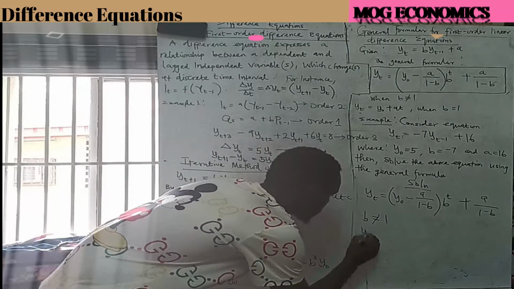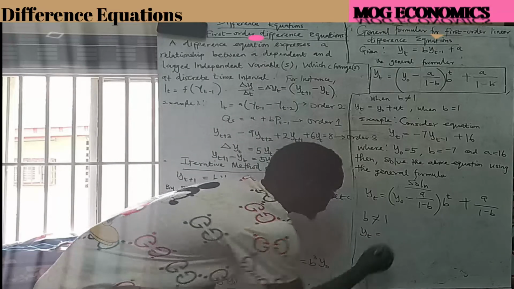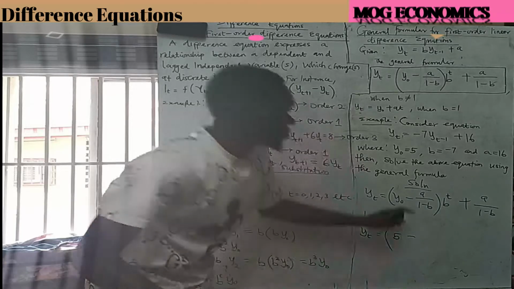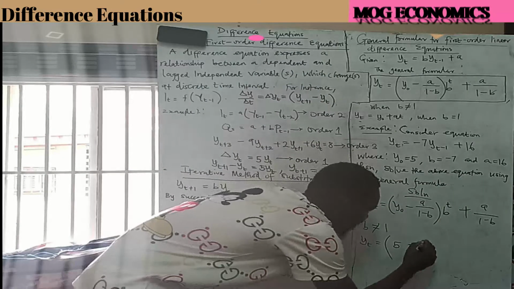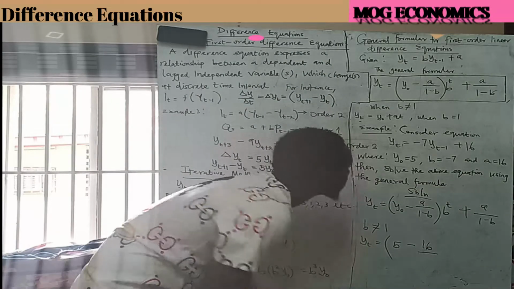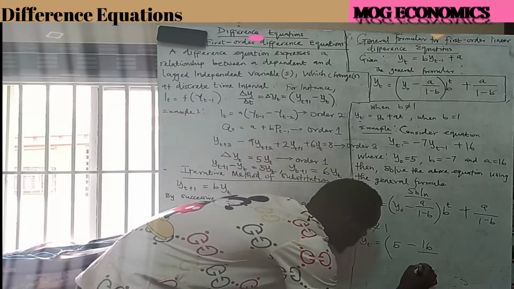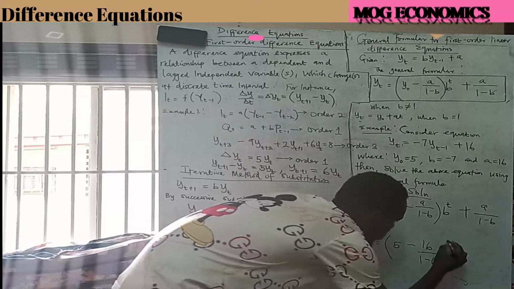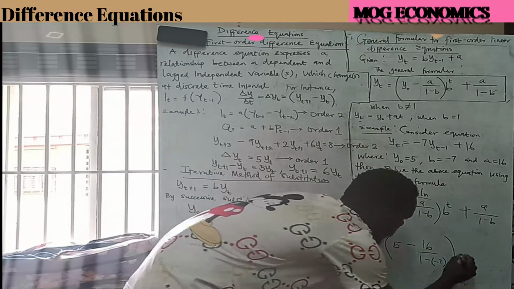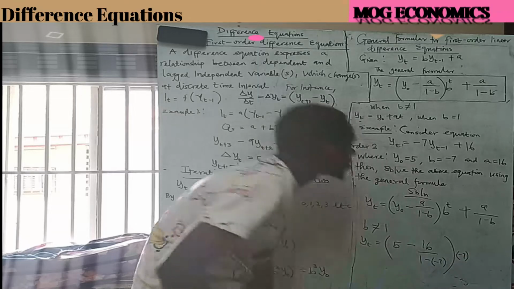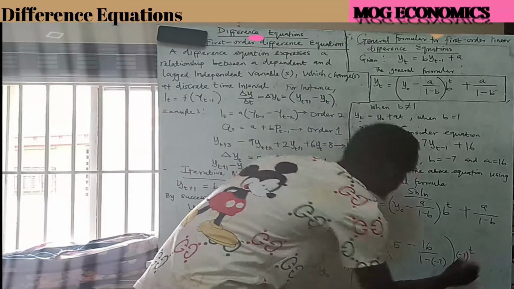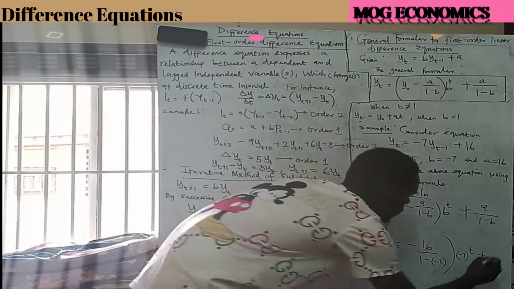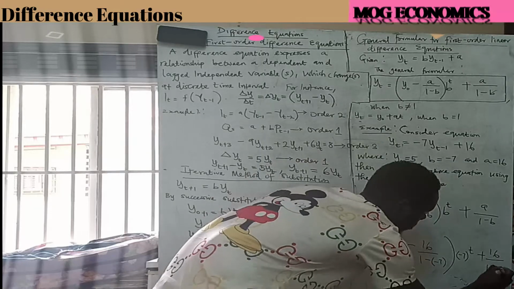So here we have this to be, the initial value here is 5, then a is 16, from here, and then we have -7 as b, here a is 16, and then 1 minus 7.